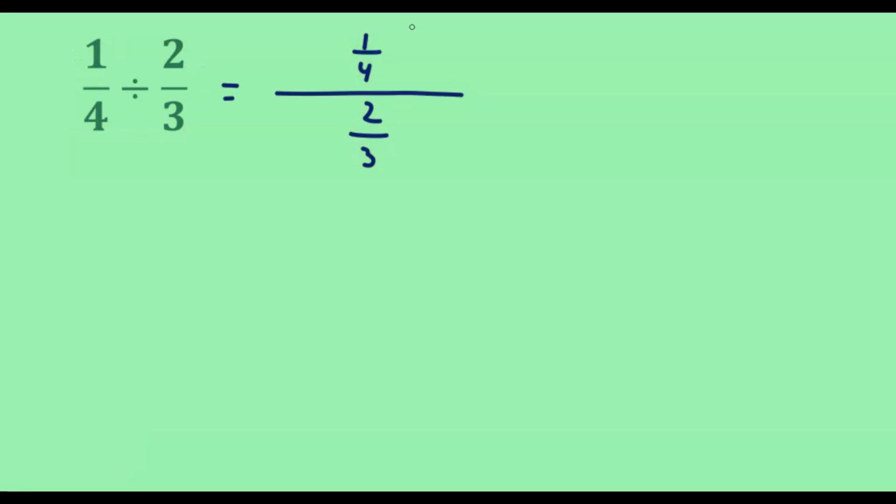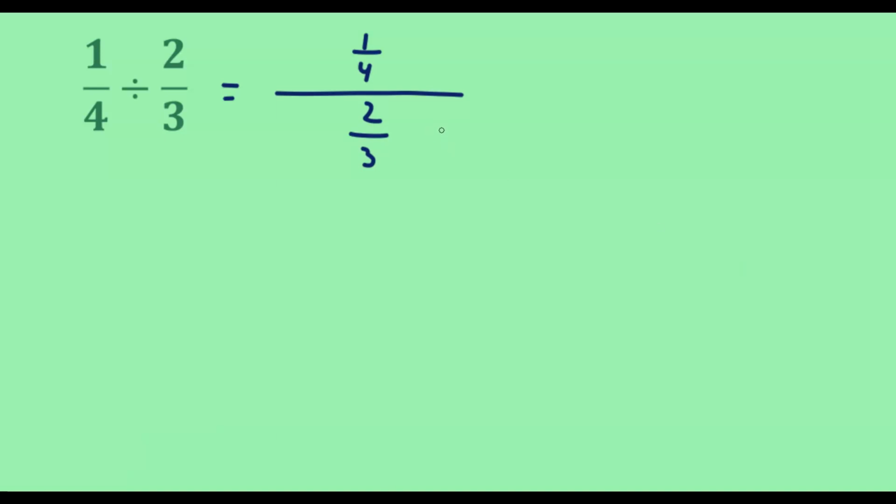Next, what we're going to do is write an equivalent fraction. And to do that, we are going to multiply the numerator and denominator of this fraction by the reciprocal of the fraction in the denominator. That is, we are going to multiply the numerator and denominator by the reciprocal of 2 over 3. Now, how do we obtain the reciprocal of 2 over 3? We interchange the numerator and the denominator.